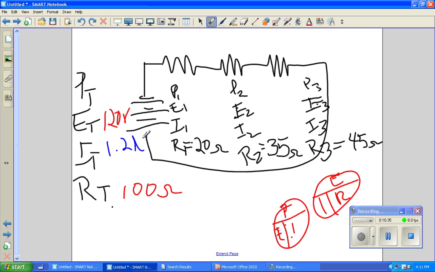Now what do we know about current? Current in series, and this is a series circuit, is constant. So our 1.2 is everywhere across here in our current line. Okay, so now to find our voltage, we just multiply I times R, right?